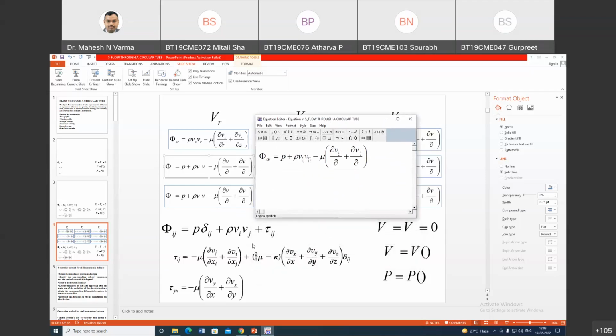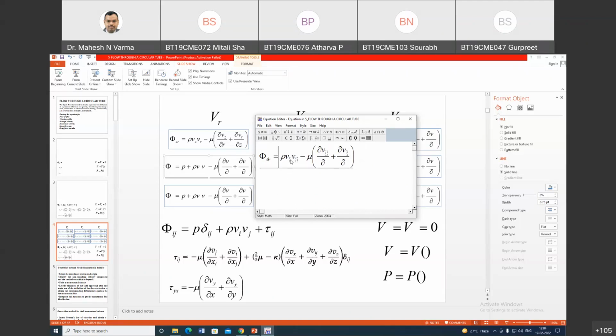Here I have the equation, why is this term 0? Sir, p delta ij is 0 because i is not equal to j, so it's 0, sir. Hence delta ij equals 0, Kronecker delta.